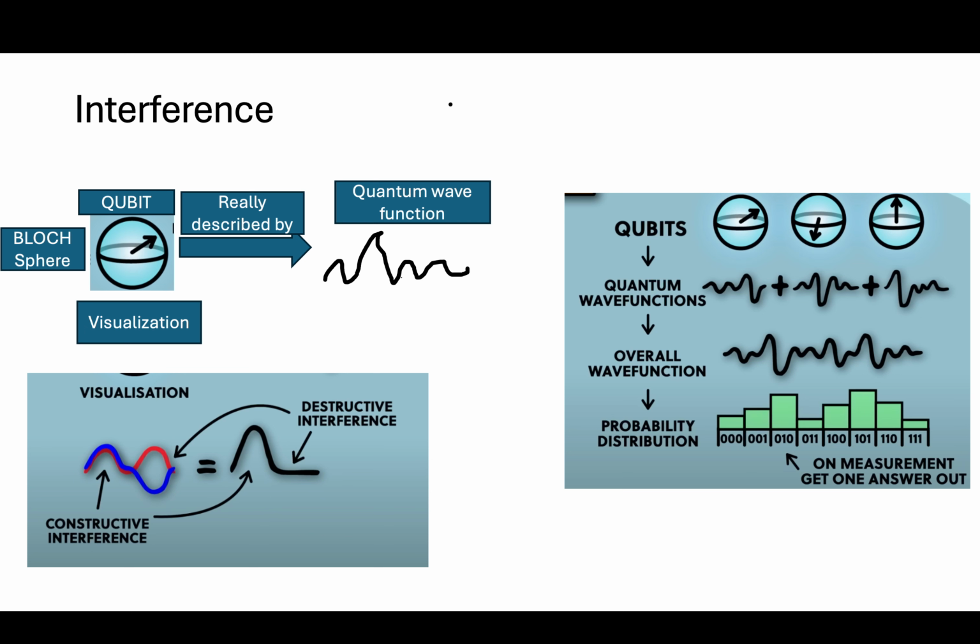So, summarizing quantum wave functions: if you add the waves, constructive or destructive, you get the overall wave function, then the probability distribution, and wherever you find it, on measurement you get one answer out, right?